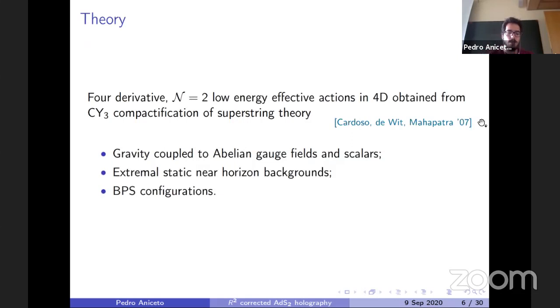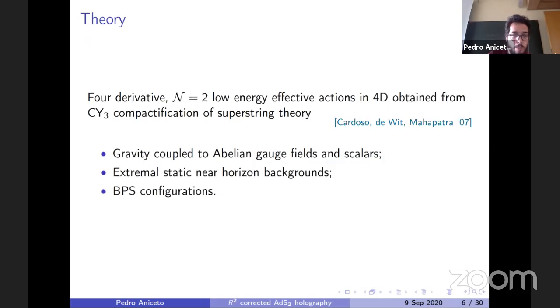And in terms of field content, what we are discussing is gravity coupled to abelian gauge fields and scalar fields, not necessarily constant. And this coupling is encoded in the usage of a holomorphic function that has a certain particularity about it, which is that it is a homogeneous function of second degree.